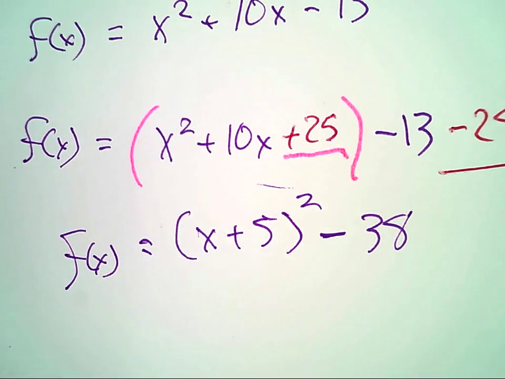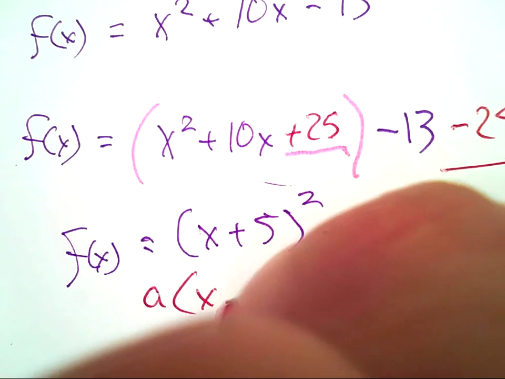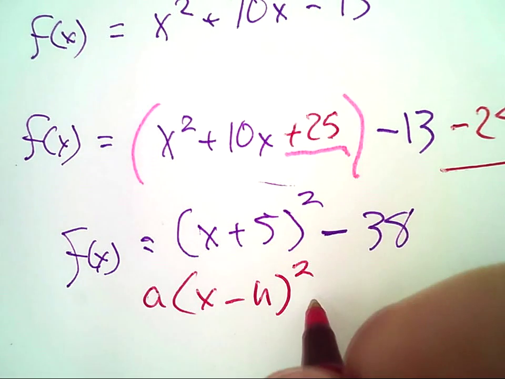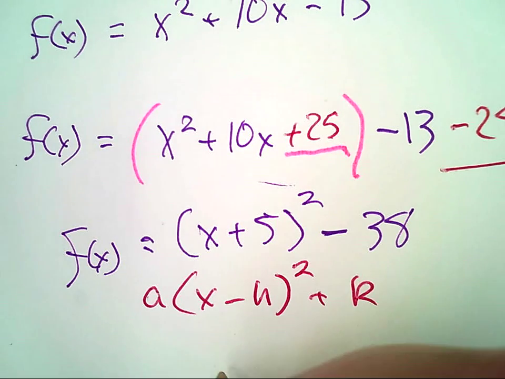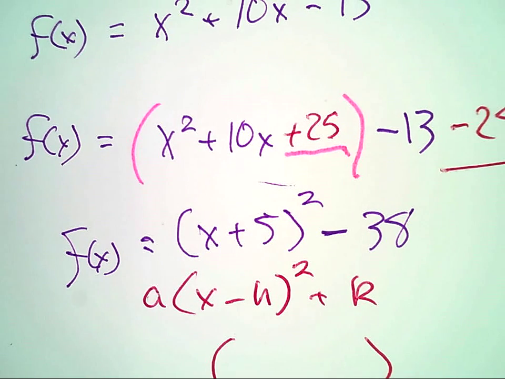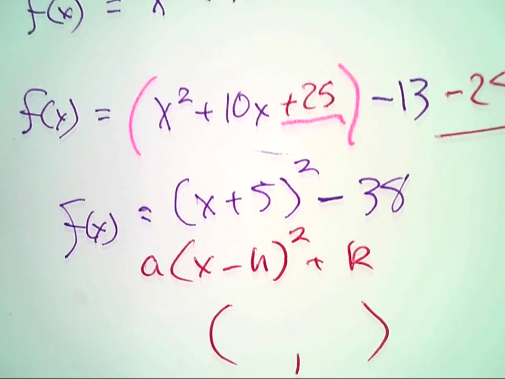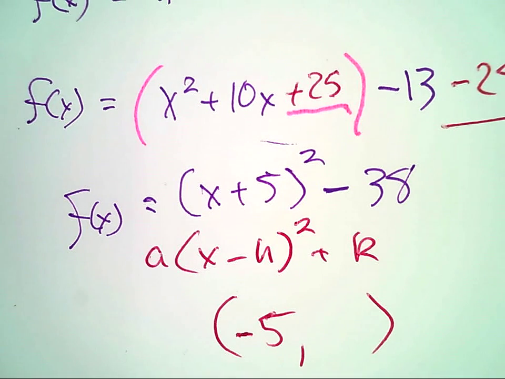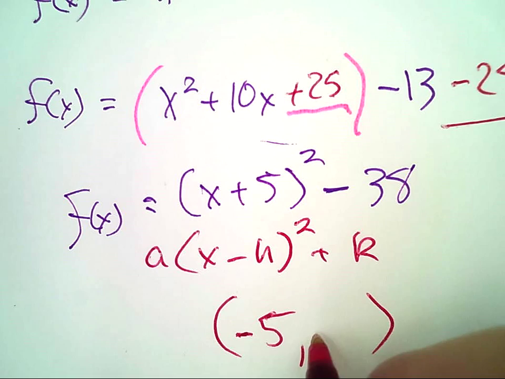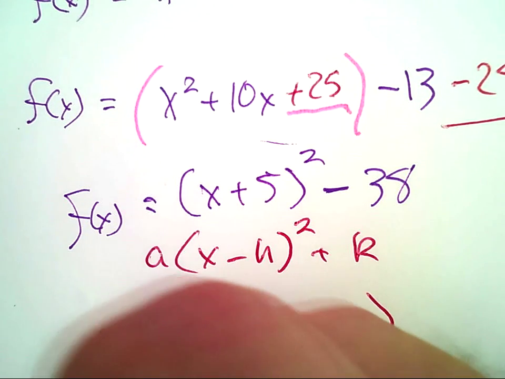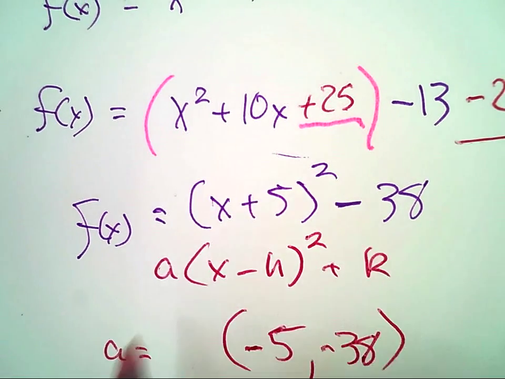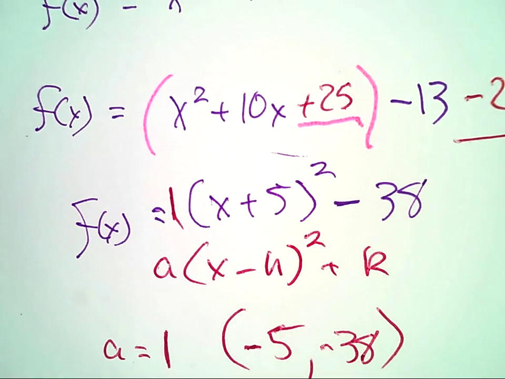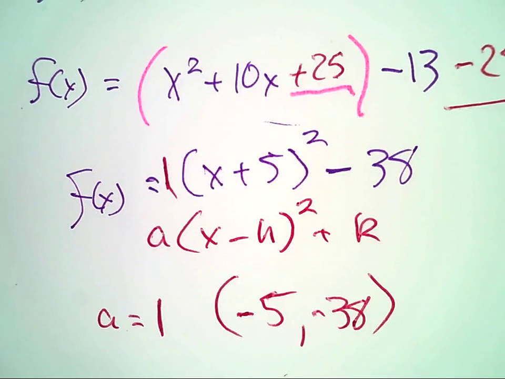Take a look. A times x minus h squared plus k. What is my vertex? What is h? Close. Negative 5 is h. What is k? Negative 38. What is a in this case? 1. That's vertex form.